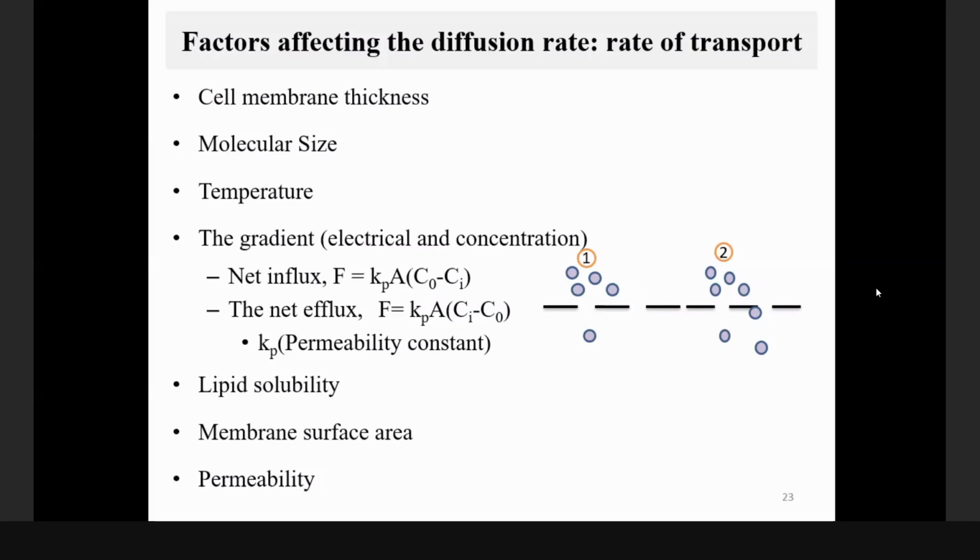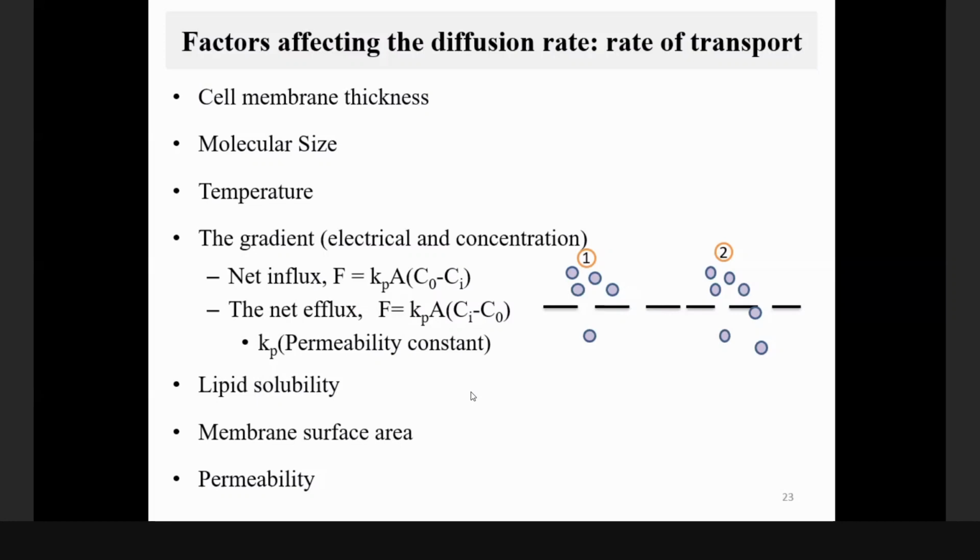Different substances, when crossing the cell membrane, take different times. That is called diffusion rate: the time taken by a substance to cross the cell membrane. So the diffusion rate of oxygen is different from that of carbon dioxide, and the diffusion rate of vitamin A is different from vitamin B and so on.